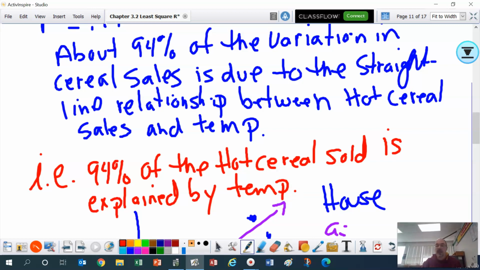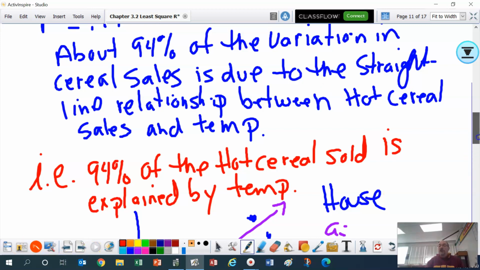Okay, the other 6%, I don't know. Those are factors we don't know. The one factor we do know that contributes to hot cereal sales is the temperature. So 94% of the hot cereal sales is explained by the temperature. Again, that is not really AP appropriate if they ask you about R squared.